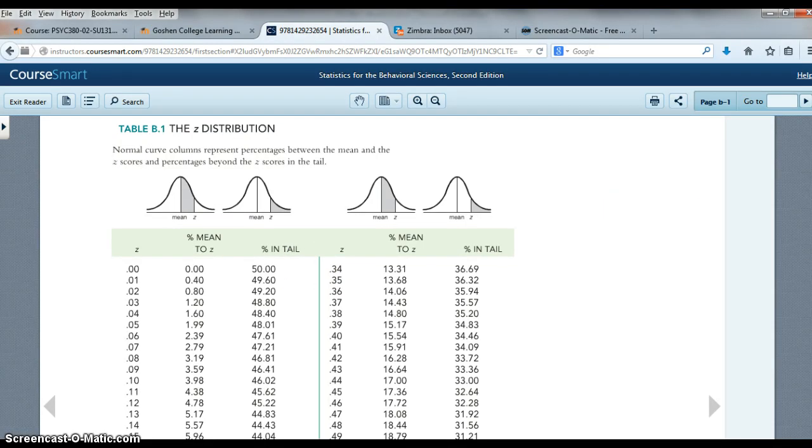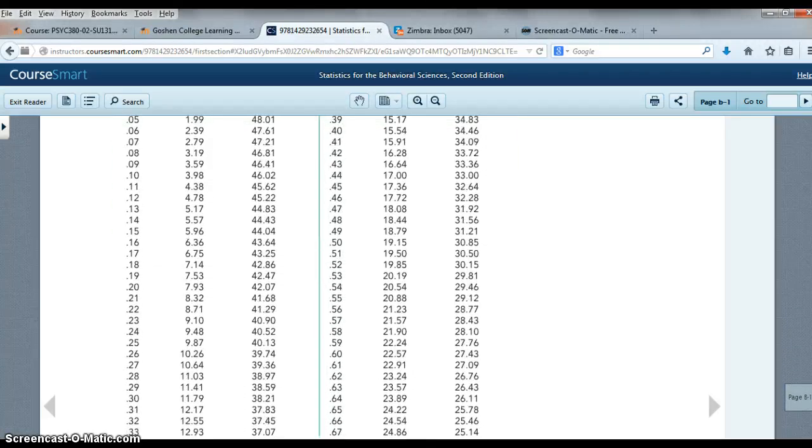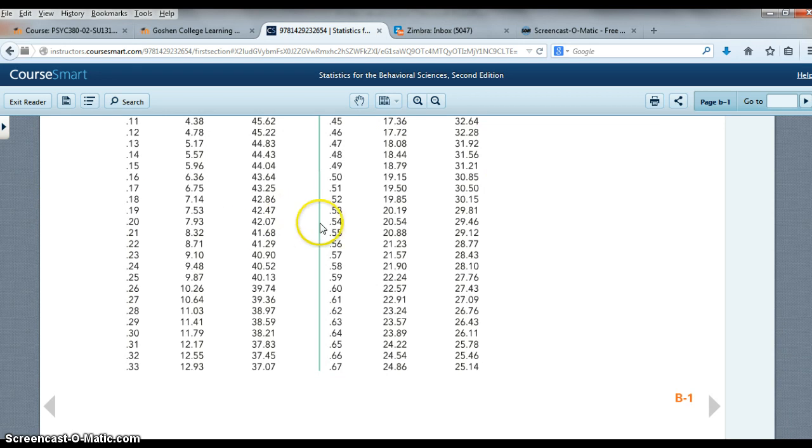So let's say that we had a z-score of 0.67. We would look in that first column, notice that there's two sets here, and 0.67 just happens to be at the bottom of this particular table right here.